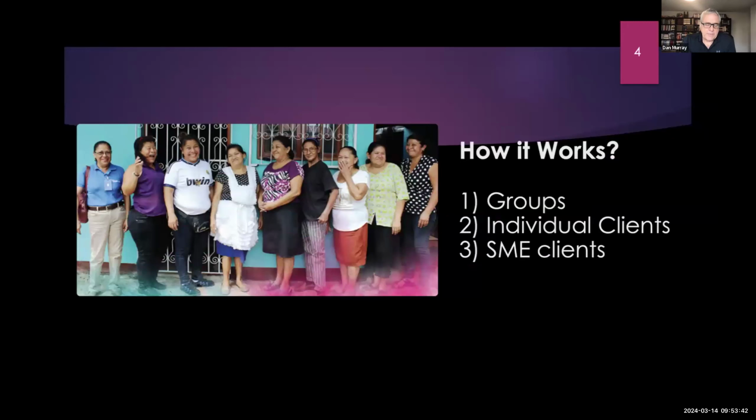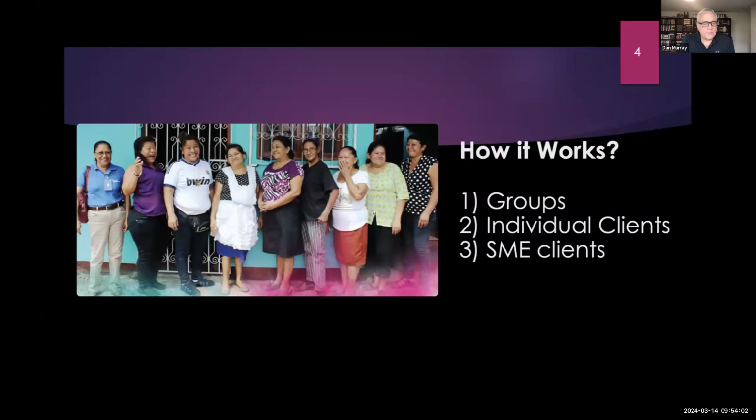It works, as Jim mentioned, through a number of different methodologies. One of the traditional original forms of microfinance was what we call trust groups, where there's no collateral. The collateral is the guarantee of each member in the group. And we're still doing that in some countries.